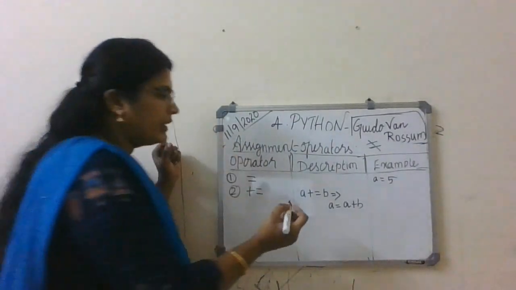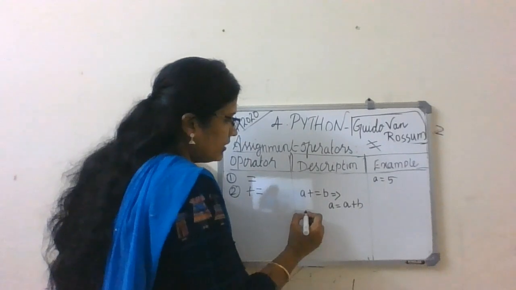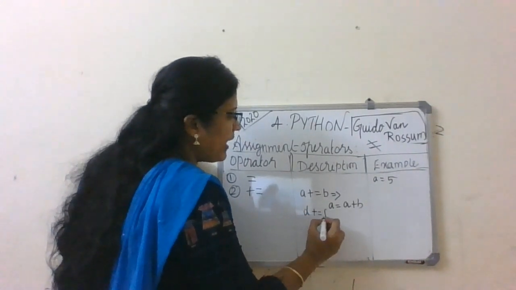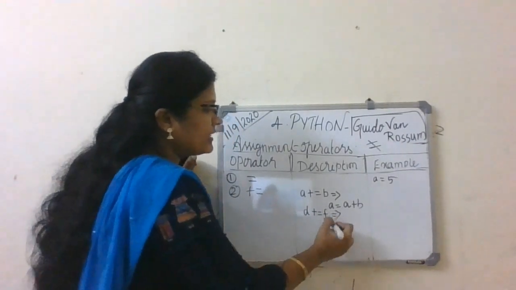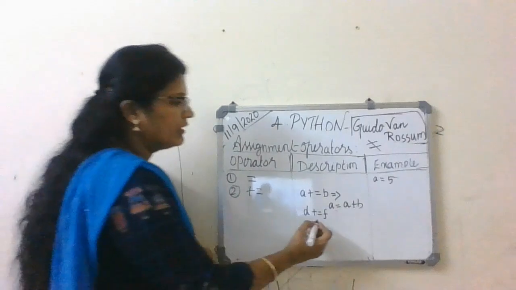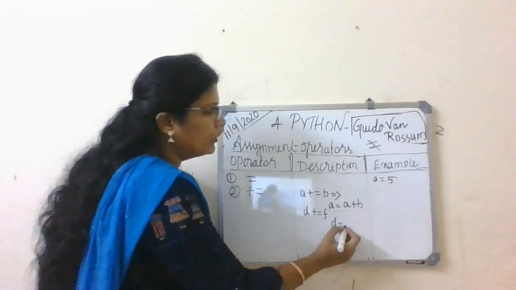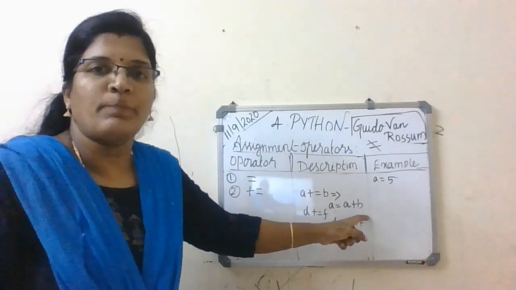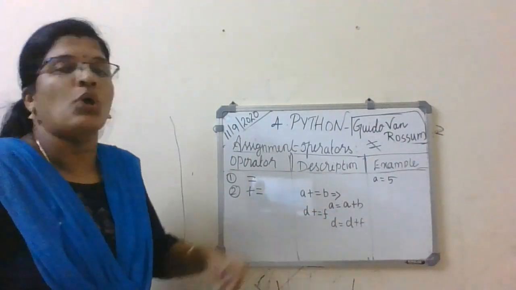Now can you tell me what this means? D plus is equal to F. What does this imply? What is the full form of this? Yes, D is equal to D plus F. Instead of writing in an expanded form, they are writing it in short.